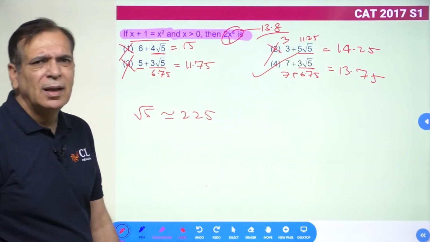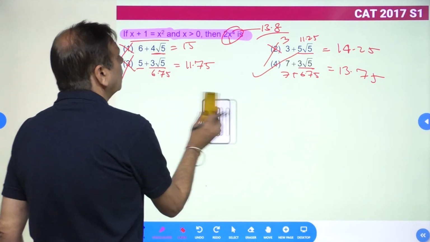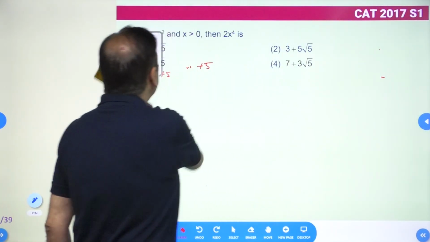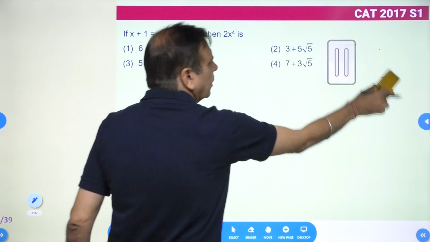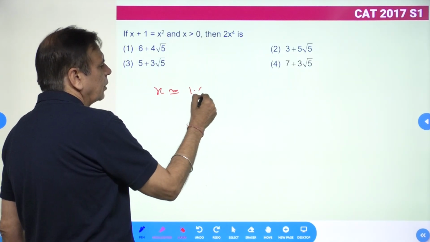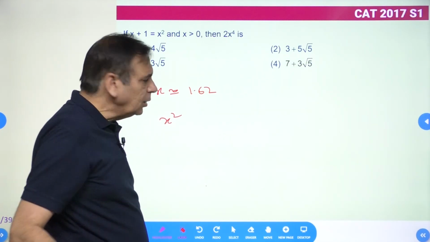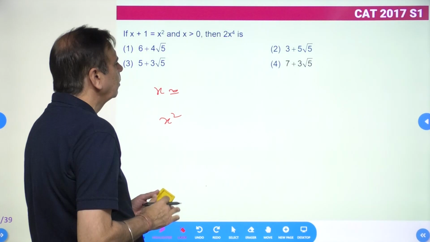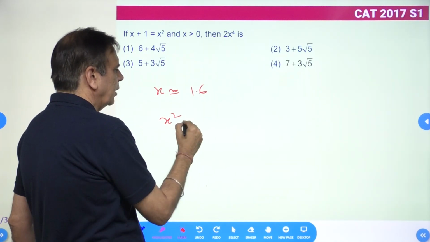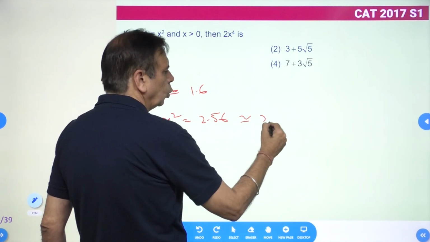Look at it in front of you. When you have a calculator, why waste time? Even if you don't have a calculator, I don't have a problem. If I don't have a calculator, I found that x is approximately 1.62. What will be x square? I will then not work with 1.62, I will work with 1.6. x square will be 2.56. I'll say approximately 2.6.